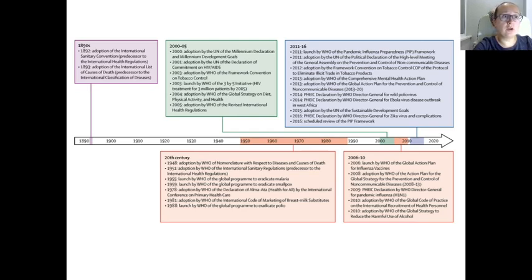For example, if we talk about arms control, there are also a lot of conventions such as the Chemical Weapons Convention of 1993, the Biological Weapons Convention of 1972, the Comprehensive Test Ban Treaty of 1996, the Treaty on the Non-Proliferation of Nuclear Weapons of 1968, and so on.